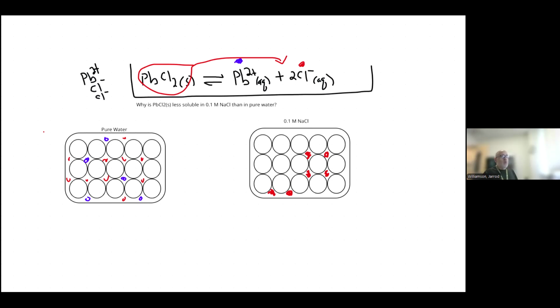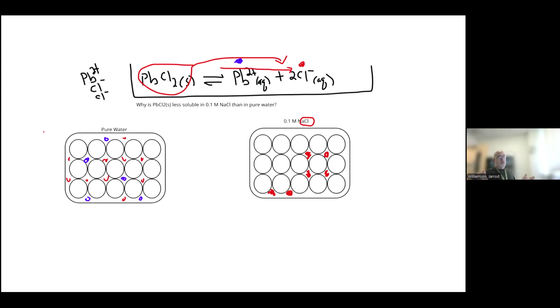If I have 0.1 molar sodium chloride, then some of these spaces are already taken up before I even try to dissolve this. And if some of these spaces are already taken up by the chloride in sodium chloride, then fewer of these will be able to dissolve because there are fewer available spots.